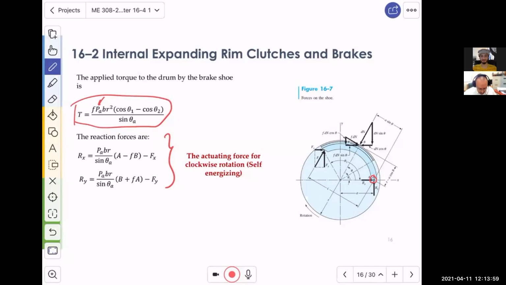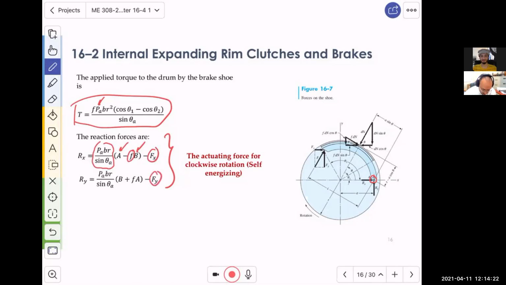So the reactions here are, as you see, they have a factor over there which consists of a pressure PA, B, which is the width, R, the radius, divided by sine theta A. And then we have a factor A and B, the coefficient of friction, and we have Fx.